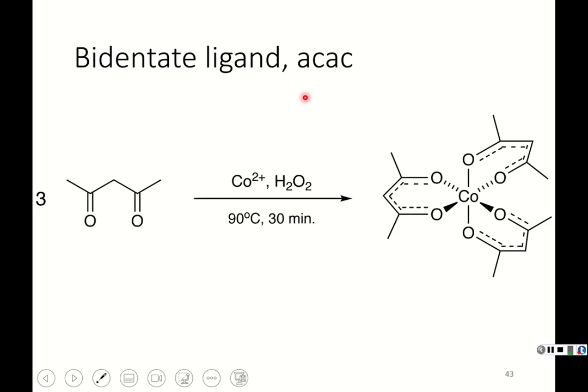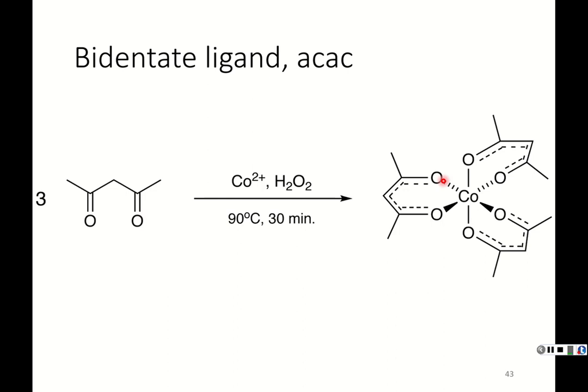Something that we'll see in this class regularly when we look at coordination chemistry: you have your metal ion, a cation, and it will be coordinated by any number of different compounds. So something like this. In this case, the ACAC is just this molecule, and you have these 2 oxygens on it.